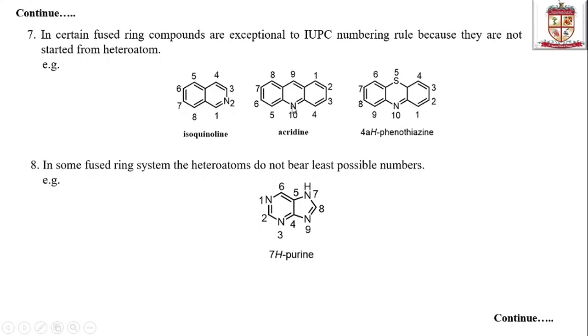These are the exceptional cases, and you can remember like this: in acridine number 10 or 9 is here, and in phenothiazine numbers 5 and 10 are given to the heteroatoms, like 1 2 3 4 5 6 7 8 9 10.